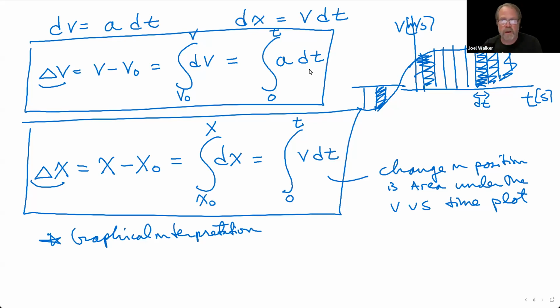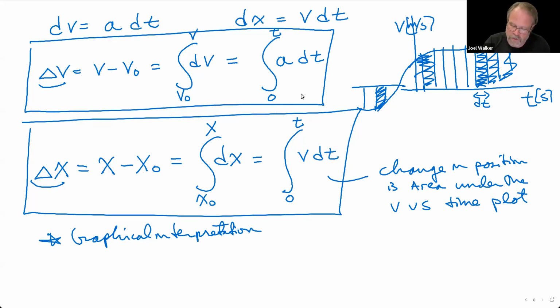If we want to go the other way, from acceleration to velocity to position, changes in velocity are added up areas with height, acceleration, and width, step in time, the area under the acceleration versus time curve. Correspondingly, changes in position are given by the area under the velocity versus time curve.